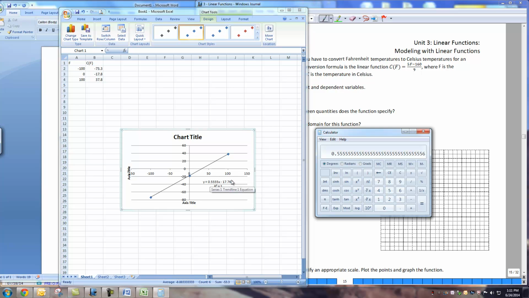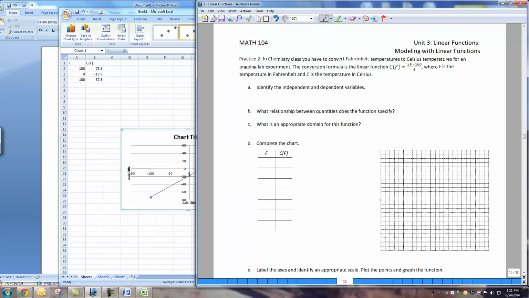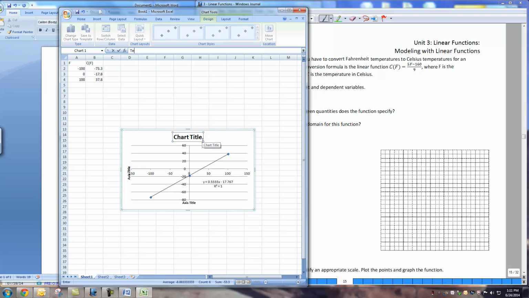Where's this -17.767 come from? Because we have -160 over 9. Well, let's try it. -160 divided by 9 is -17.767. So that's where these values come from. Chart title, this is temperature conversion.